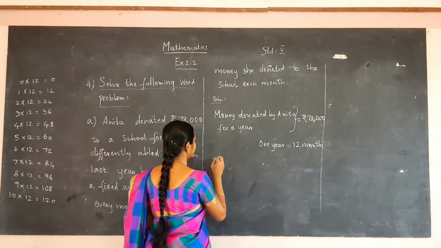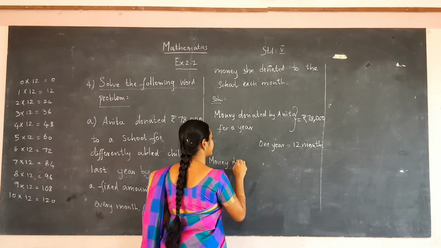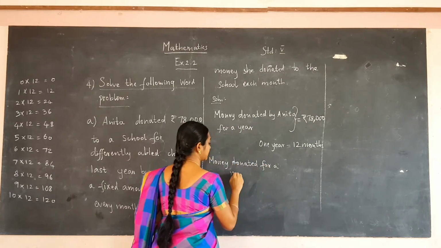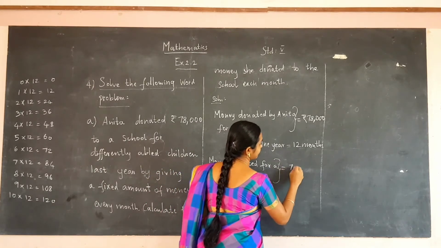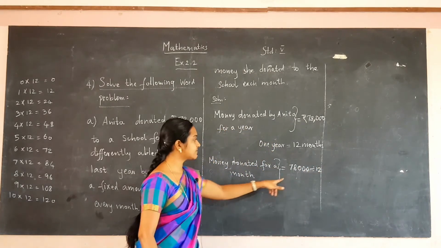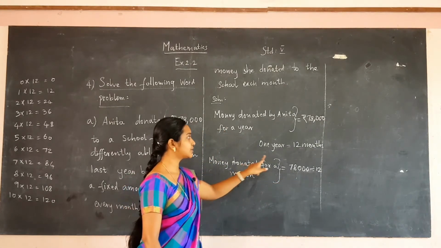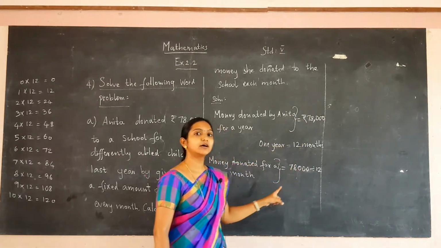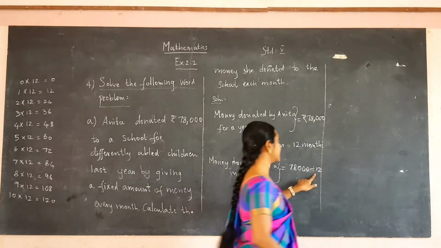So if we divide 78,000 by 12, we will get the money she donates for a month. See here, the question is given for 12 months. For 12 months, she donates 78,000 and we have to find for 1 month. So we should divide 78,000 by 12.